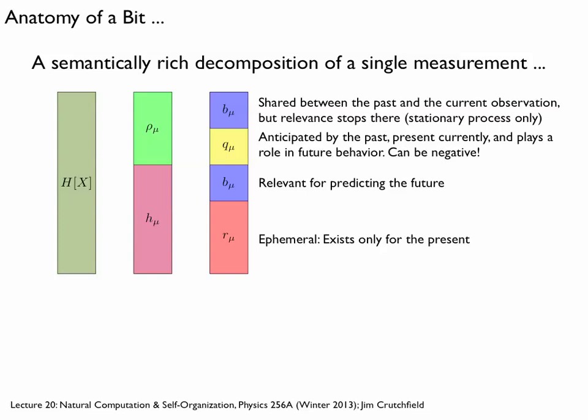Question? Yeah. So does that imply that if you have the past, you don't need the current to predict the future? Oh, if it was all predictable, then yeah, it would be redundant. Then the redundancy would be as big as... because bμ is in hμ, and the only thing else in hμ is rμ, which doesn't predict the future. And then eμ is in the past, so the only part that predicts the future and the present is also in the past.